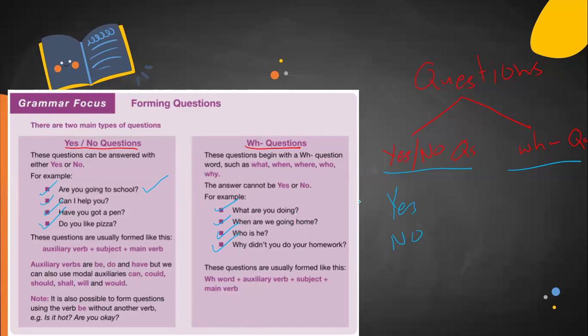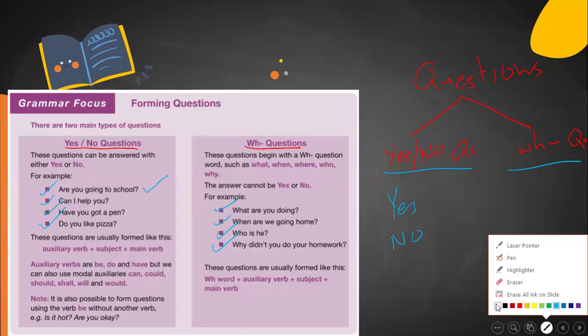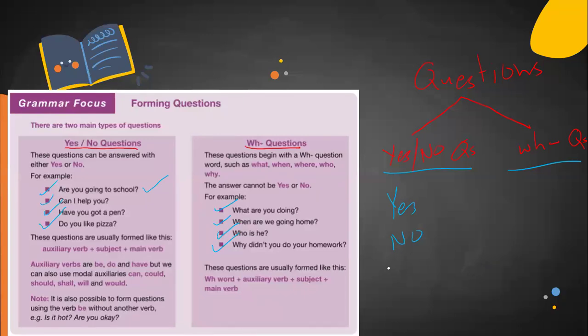Now, how can we form questions with yes/no questions and with WH questions? The yes/no questions are usually formed like this: auxiliary verb, then the subject, after that the main verb.